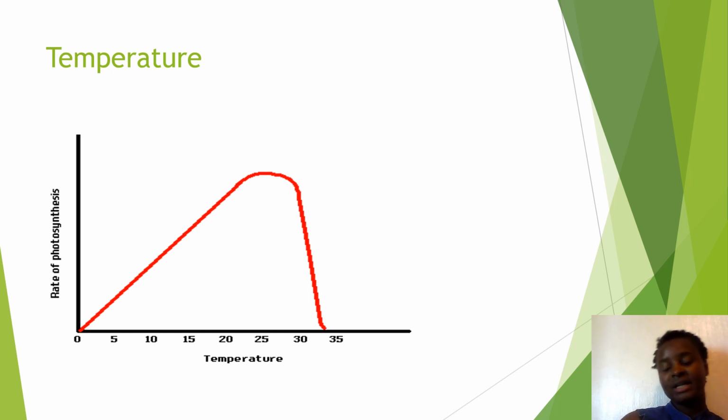When you increase the temperature, the rate of photosynthesis will also increase. When you reach the optimum temperature, like for example here, the optimum range is between 25 and 30, meaning at this point the rate of photosynthesis will be at the peak. Beyond that, the rate will decrease since your plant will be dying. Or if it is colder than that, with the temperature close to 0 degrees, your plant will not be photosynthesizing at all, right?